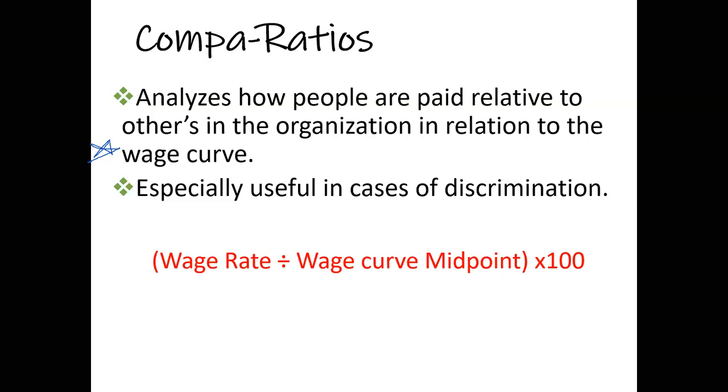Now, people are not always going to be at the midpoint, nor should they be. There's a variety of different reasons. So what is a healthy variance below or above the midpoint? You might be thinking, I'm not at the midpoint for my job band, maybe because you were just recently promoted and bumped to the next job band, but you're still at the lower end of that job band.